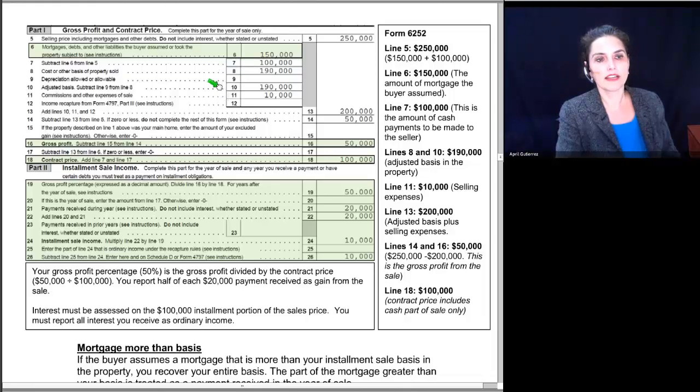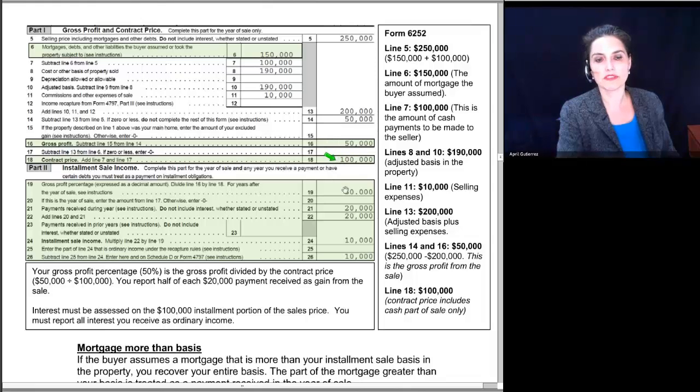So we take line 9, which is the original cost basis, we add in the selling expenses, and we end up with a cost basis in the property of $200,000. And then we subtract that $200,000 from the $250,000 to get $50,000. And $50,000 ends up being the profit on the sale. And then we look at the amount of payments that are going to be paid to the seller, and those total $100,000.